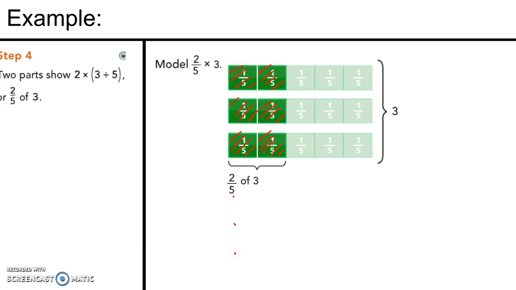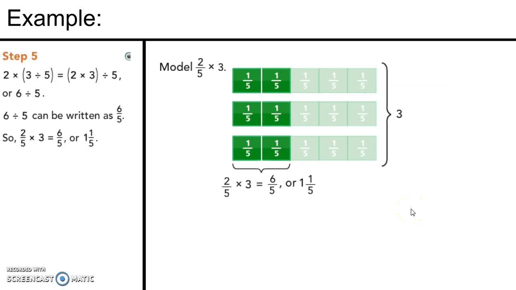So when you do that, you actually have 6/5 colored in all together. All right, then when you have 6/5 colored in all together, you see over here that 6/5 is the answer that you come up with, and then you change that improper fraction to 1 1/5.